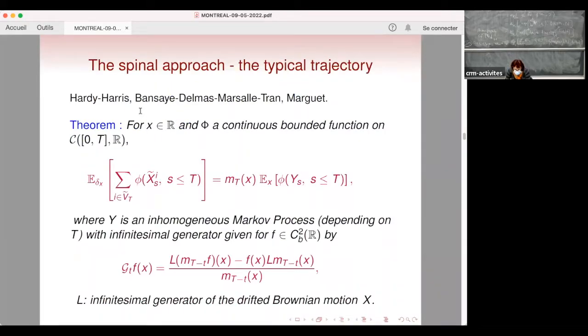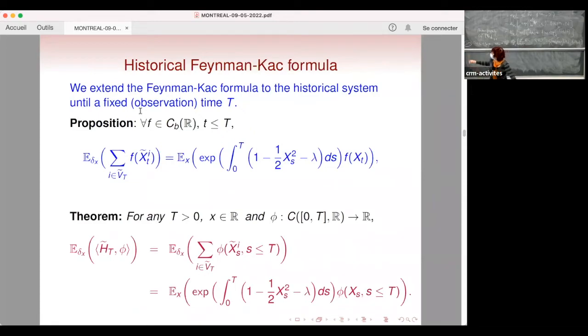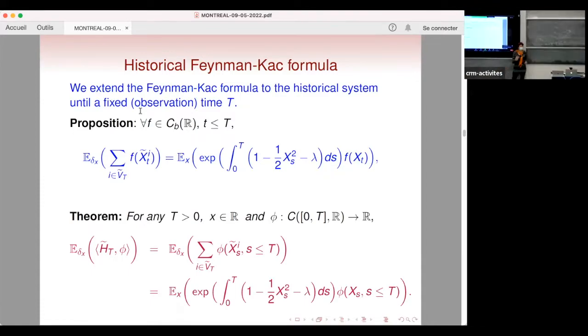And we will develop what is relatively standard and called spinal theory. We have this expression, and we already have one way to describe it with respect to the process X s.